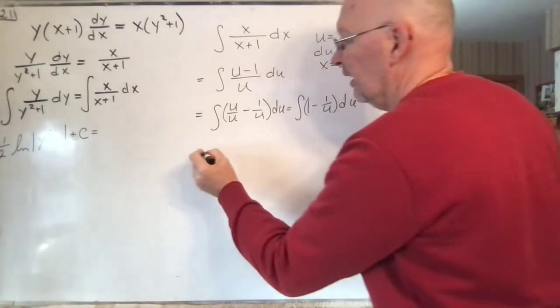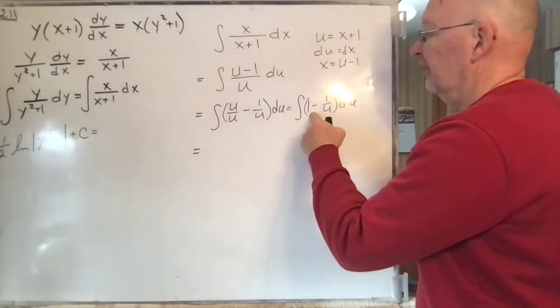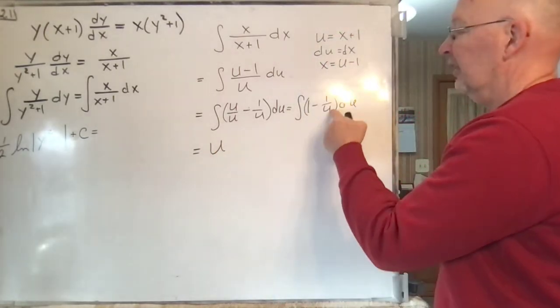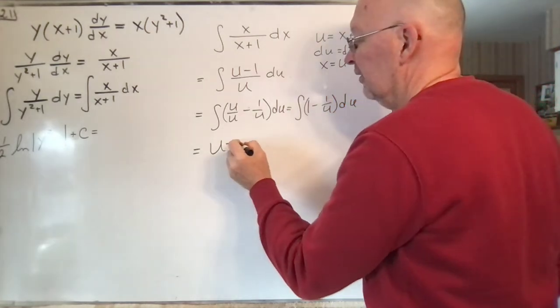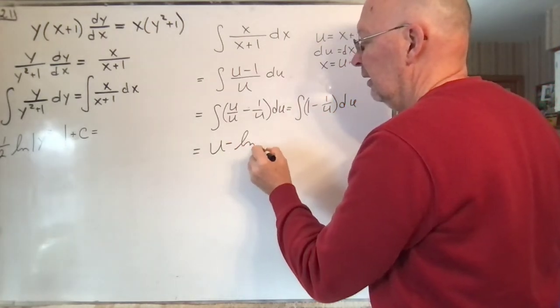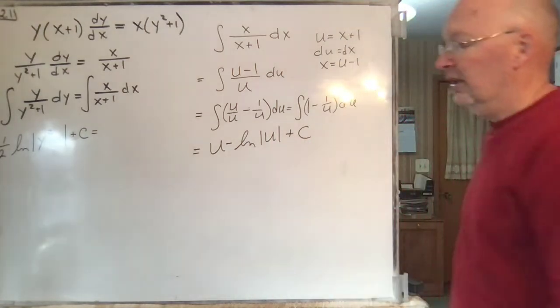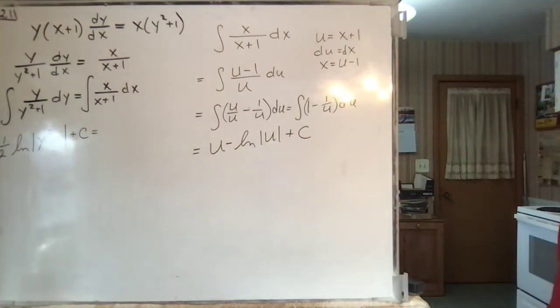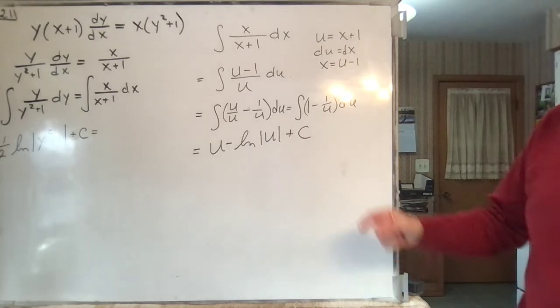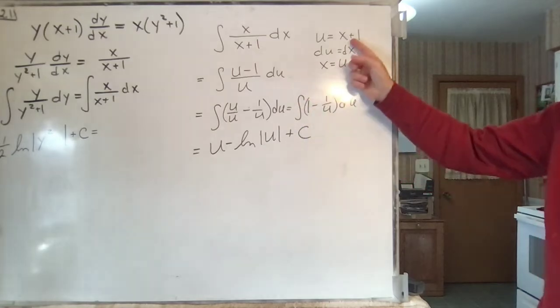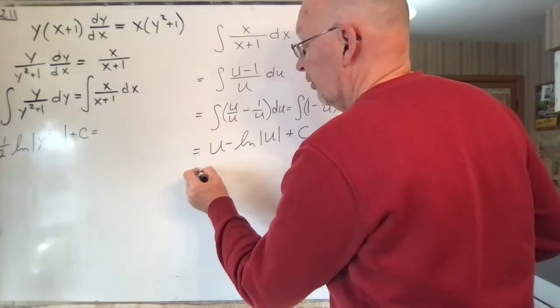And now I can take the antiderivative. The antiderivative of 1 is just u, and the antiderivative of 1 over u is, as before, the ln of the absolute value of u plus c. So you've got that right there. And finally, I can substitute back in for x again. U is equal to x plus 1. So this is going to be what?